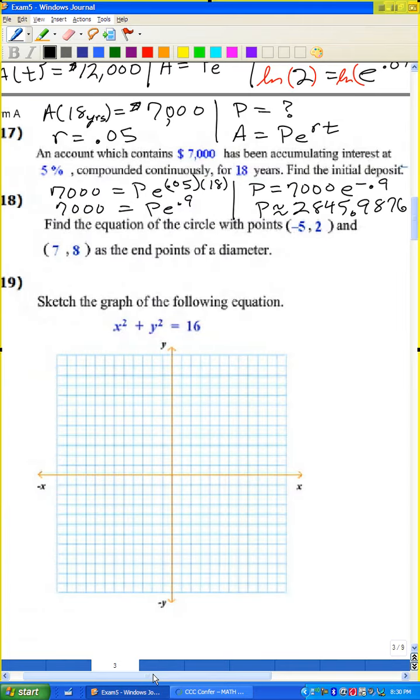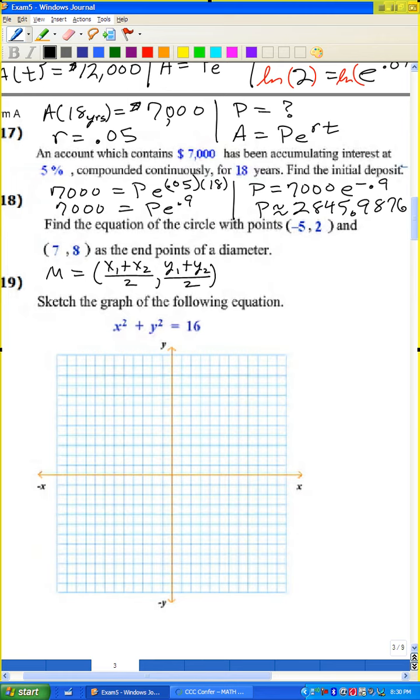Find the equation of the circle with points as endpoints of a diameter. So let's recall the midpoint formula, found by just finding the average of the x and y coordinates.